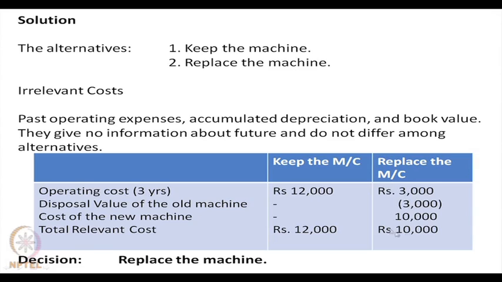So, the total cost would be reduced by that amount. That is why this cancels out, giving 10,000. So, the best policy here is to replace the machine. Now, this problem says that certain costs like book value, depreciation, past operating expenses, they are not relevant, and we have to consider the various alternatives, and only the relevant costs are to be considered.